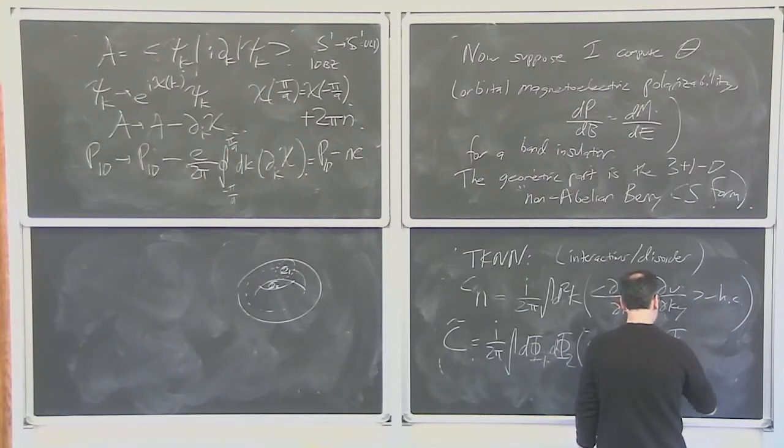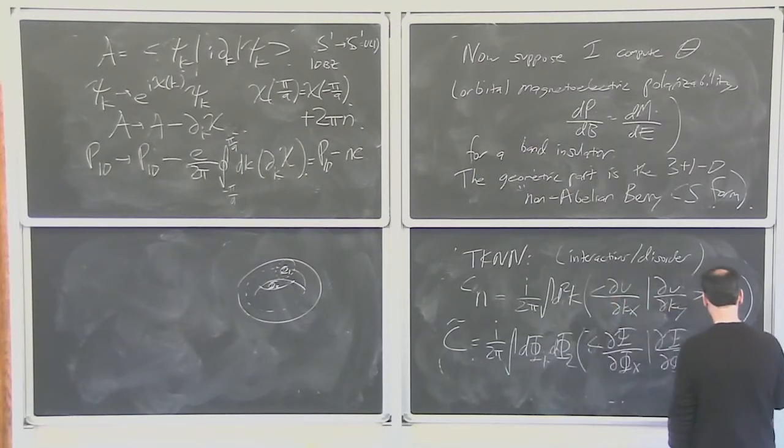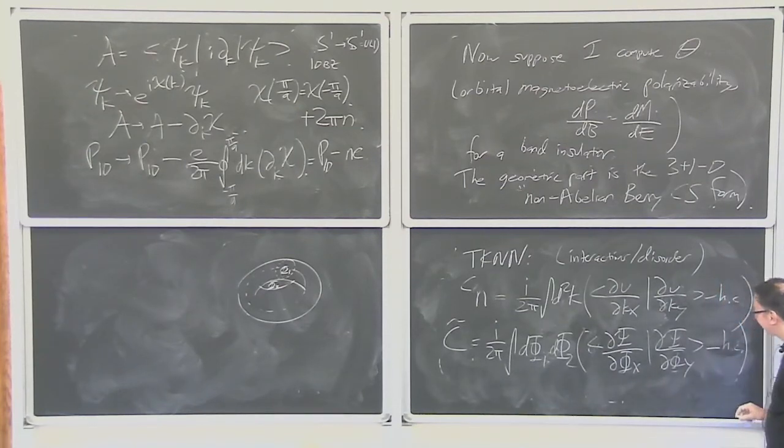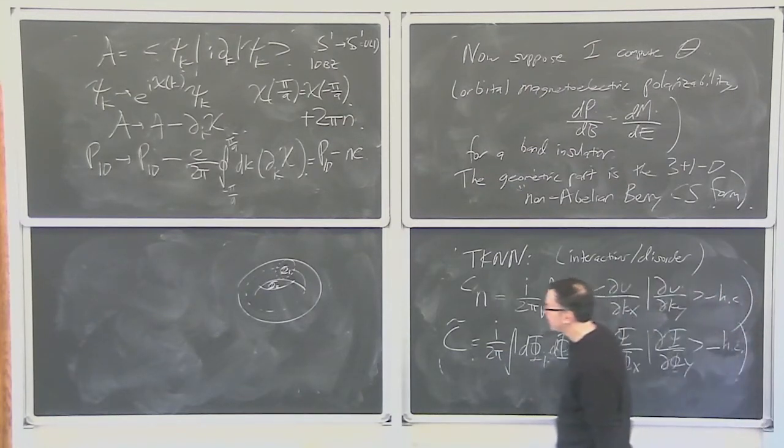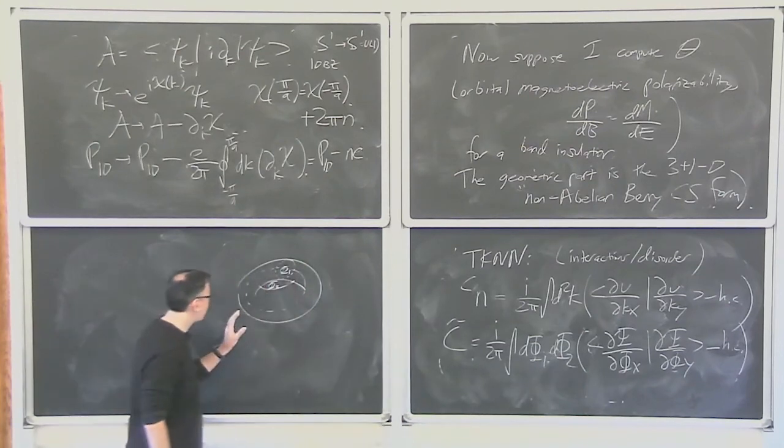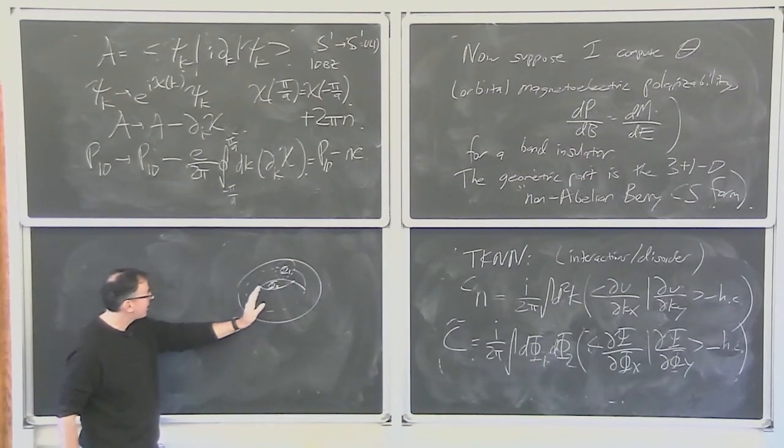And why do I do this? Well, at the one electron level, if this many-body wave function were a Slater determinant of one particle wave functions, actually, the problem that you solve in band structure, although you don't usually think about it this way, is exactly this problem.